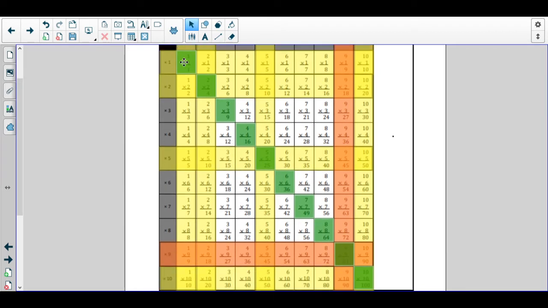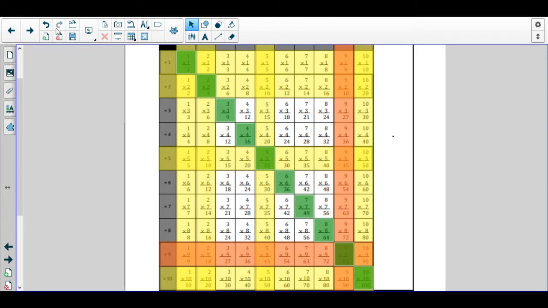And this is the 1 times 1, 2 times 2, 3 times 3, 4 times 4, and so on, all the way to 10. This set of numbers actually divides the multiplication table in half.